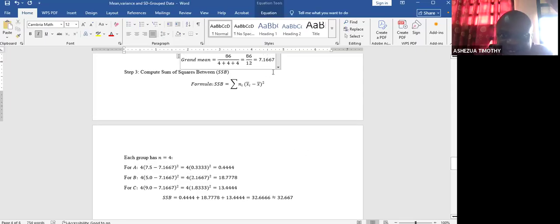This is the grand mean here, squared, which is equal to 4. 7.5 minus this gives us that, and your square is there. What you do here is 0.3333 times 0.3333, which will give you a value that you multiply by 4, and you have this value. Any question there?